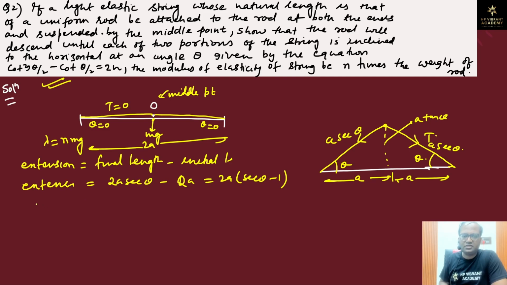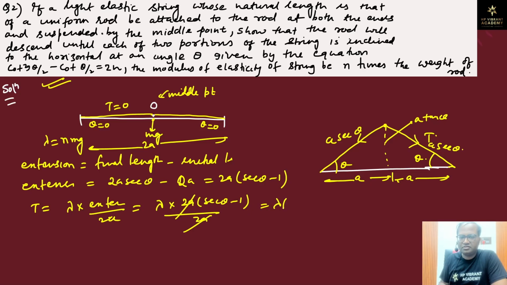So the final tension is equal to lambda into extension upon natural length. So this is equal to lambda into 2a (sec theta minus 1) upon 2a. This is lambda (sec theta minus 1). Our work done is equal to extension, which is 2a (sec theta minus 1), into half of initial and final tension, so 0 plus lambda (sec theta minus 1).